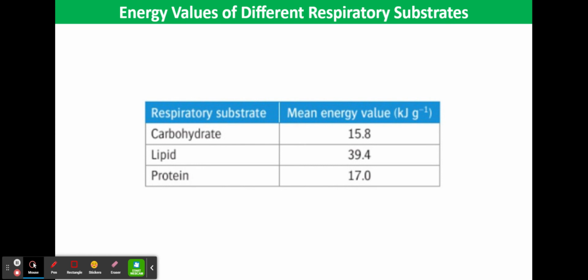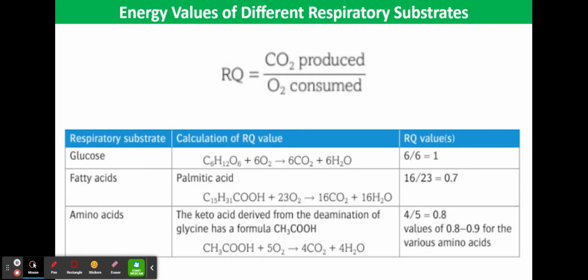The greater the proportion of hydrogen atoms in a molecule, the more oxygen will be needed for its respiration. The respiratory quotient, or RQ, for different respiratory substances can be calculated using the formula RQ equals carbon dioxide produced divided by oxygen consumed.